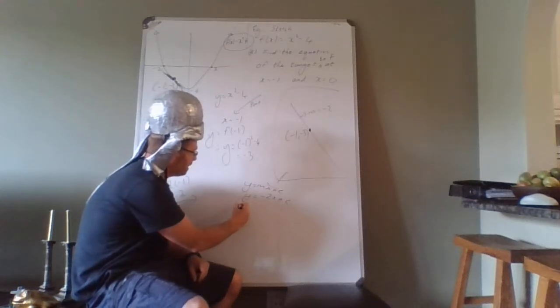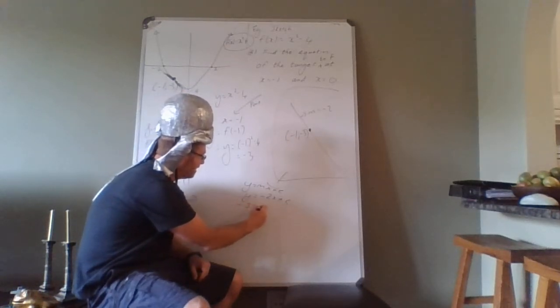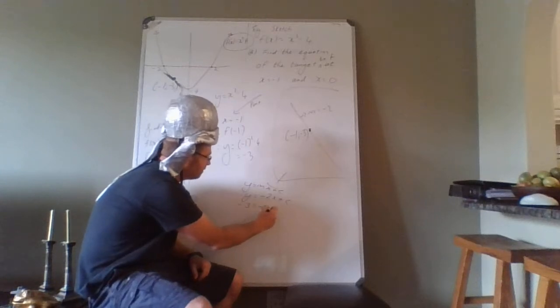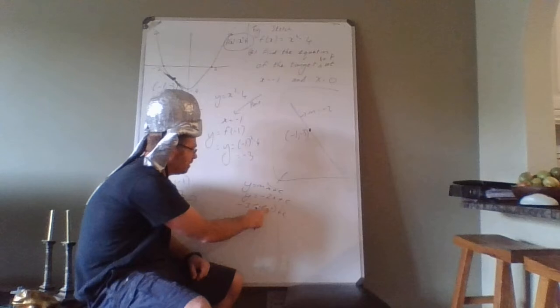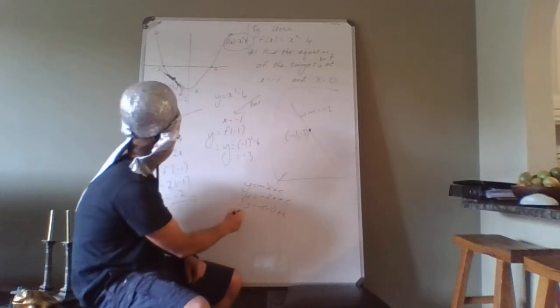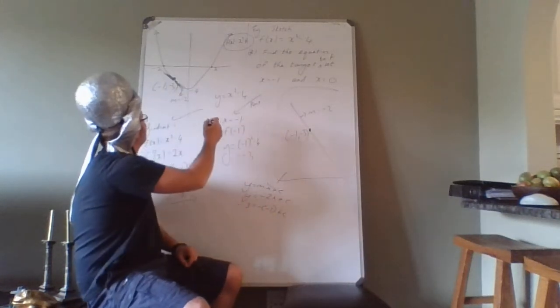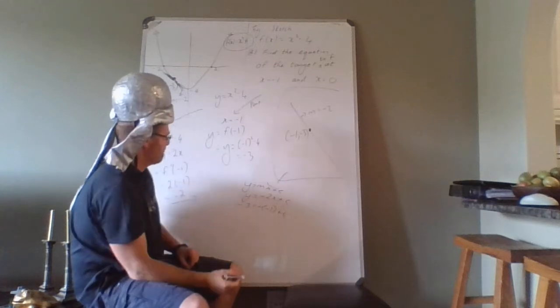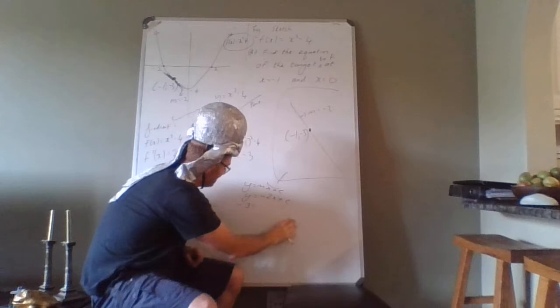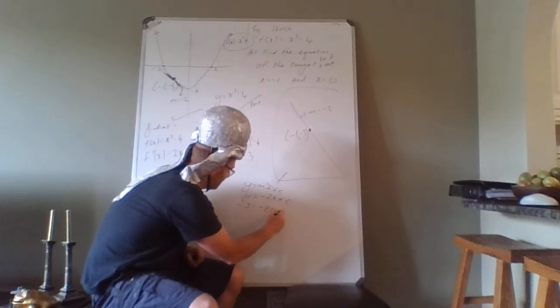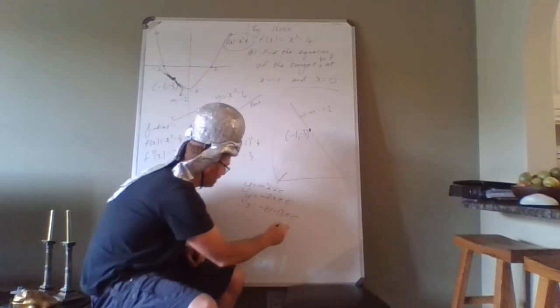So I'm going to have the y value, negative 3, is negative 2 times negative 1 plus c. So that's going to be positive 1, minus 3 minus 1 is minus 4. Which, okay, so y is equal to negative 2. I've spotted my deliberate mistake. Negative 2 times negative 1 plus c.